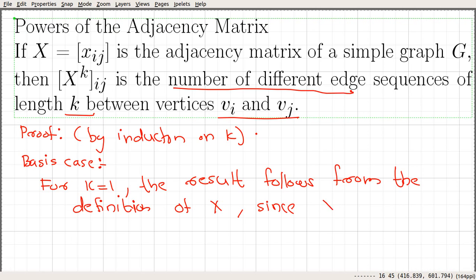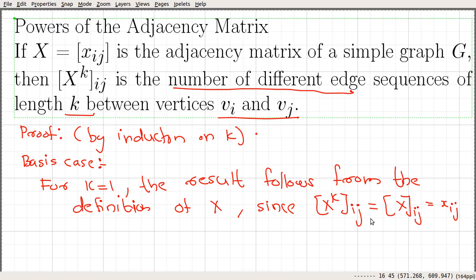Since in this case, if you take the kth power and look at the ijth entry, that is, k is equal to 1, so this is nothing but the ijth entry of the adjacency matrix. So by definition, this is equal to xij.